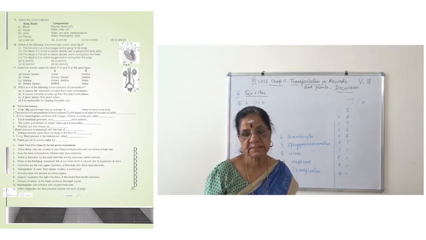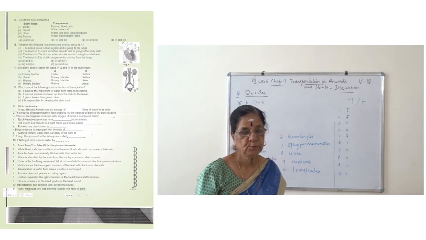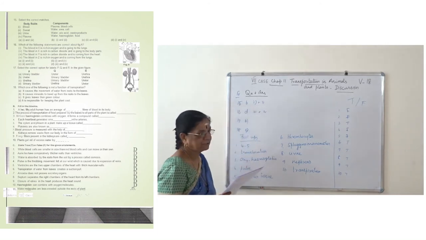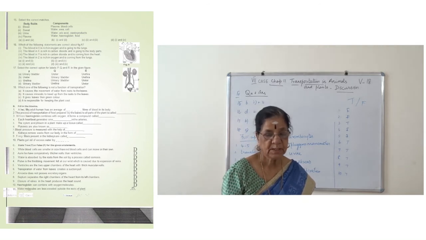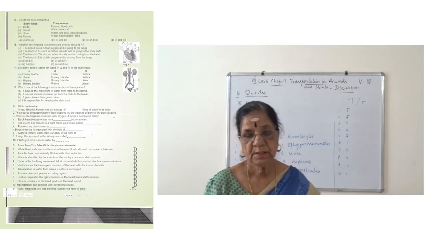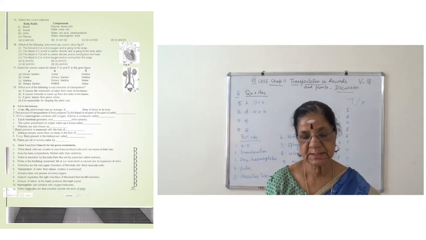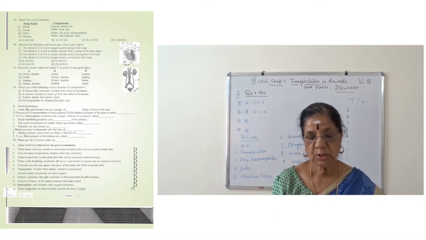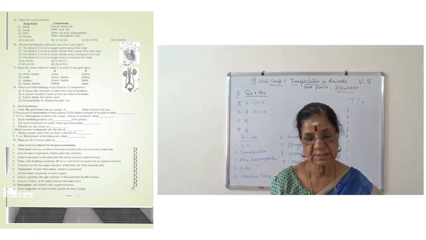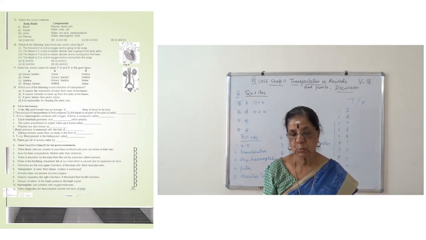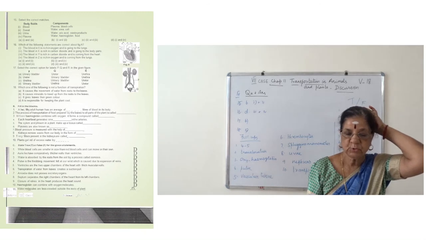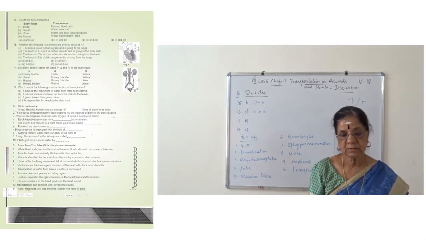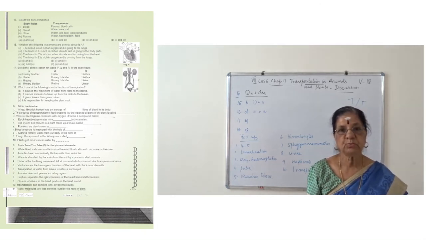First, match the following. Body fluid, this is question 15. Body fluid and components: blood, plasma and blood cells; sweat, water, urea and salt; urine, water, uric acid, waste product; fourth one, plasma, water, hemoglobin, food.